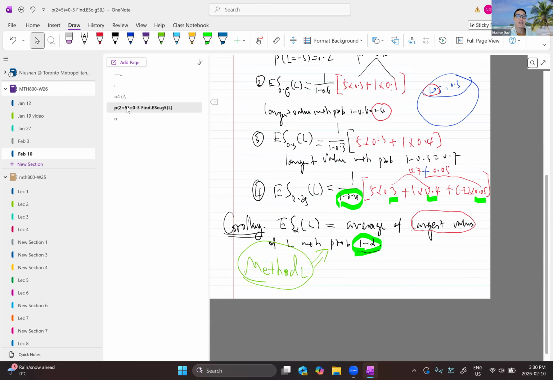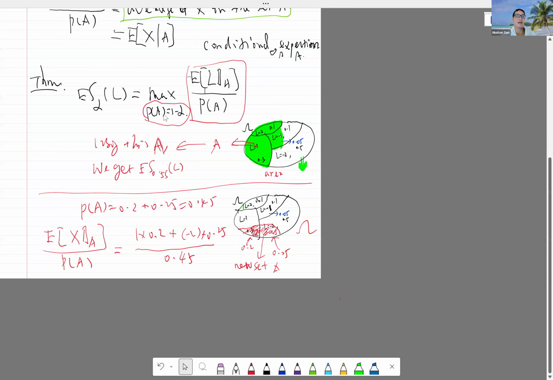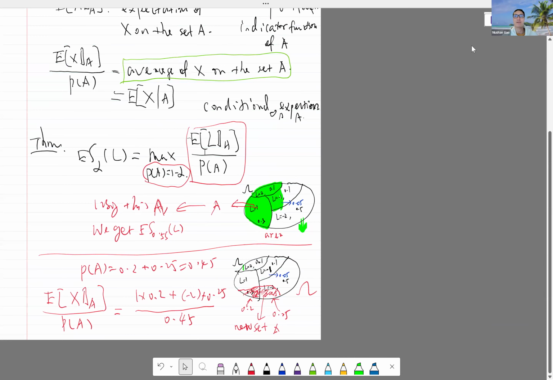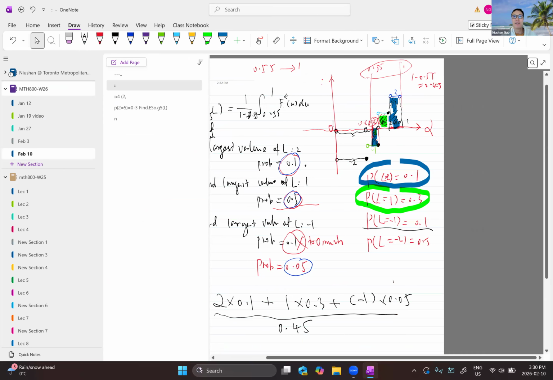I would view this as a corollary. This is the main result. Okay, a theorem, which we won't prove. Intuitively, you can understand that, starting from our first example, right?